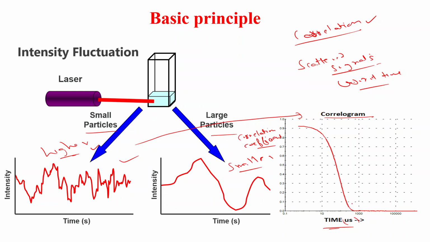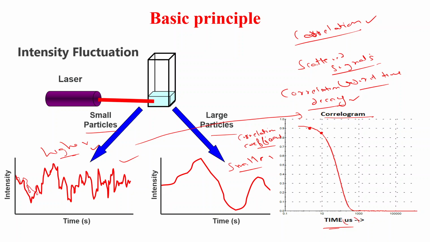We can see that as the time is increasing, the correlation between the scattering signals is decreasing. Since the particles are moving, and small particles are moving faster, the correlation decay will be higher in the case of small particles. Correlation decay means that if we compare two points of time, the scattered signals at one point and at another are not correlated because the particles are moving.